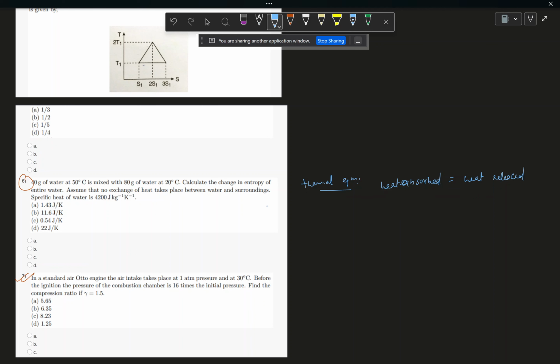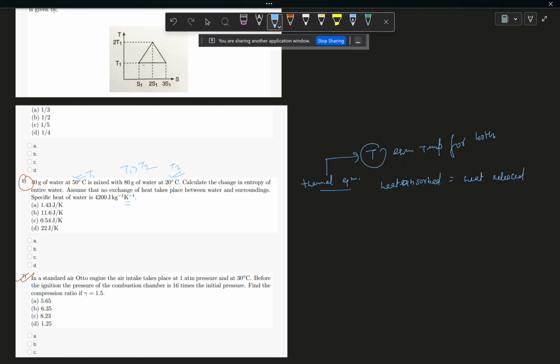In this case, the first 40 gram of water has the higher temperature, 50 degree, so that will be releasing heat, and the second water having 20 degree centigrade is the cold water which will be absorbing heat. So if T1 is 50 and T2 is 20, you can convert it into Kelvin, since you always have to maintain the absolute Kelvin scale. So T1 is greater than T2, and let's say the final equilibrium temperature is T for both.